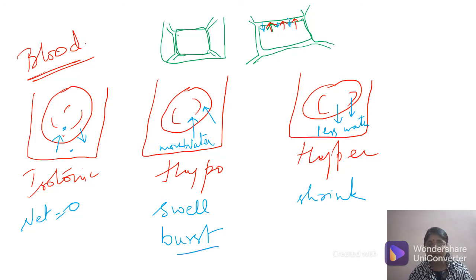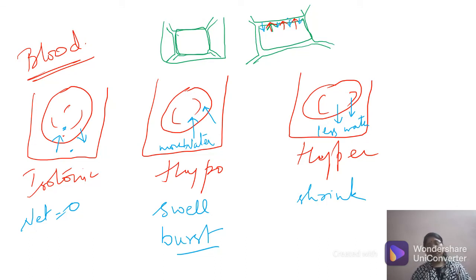Do you remember osmotic pressure? I told you. I will talk about that also. So you will see that it will also act as a pressure on the membrane which will prevent further entry of water molecules in it. Okay, so they don't burst.